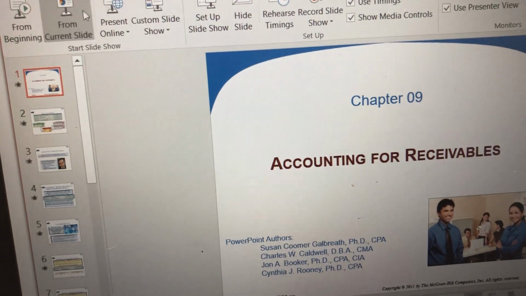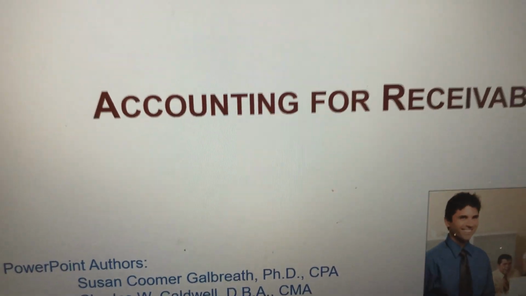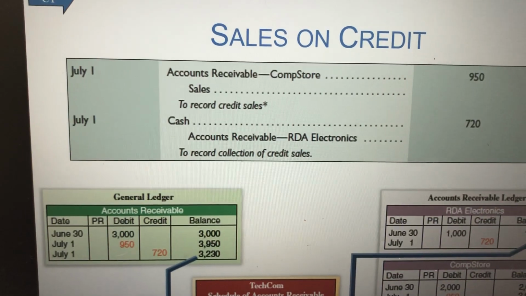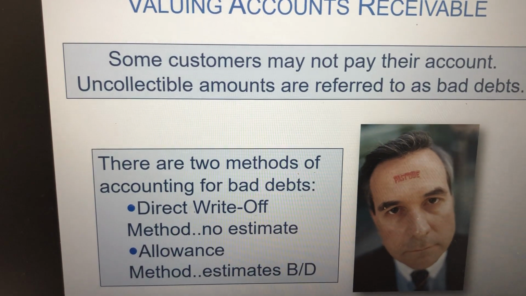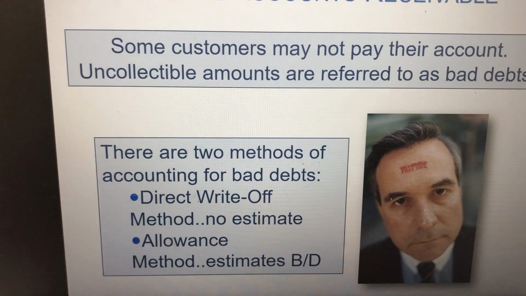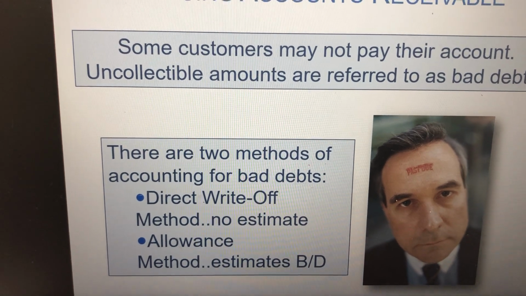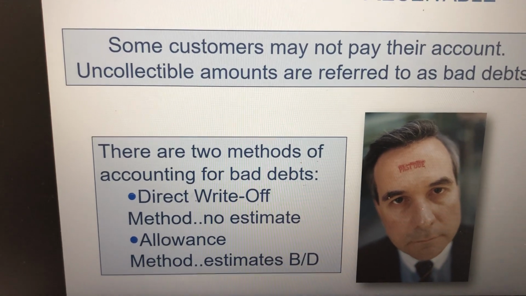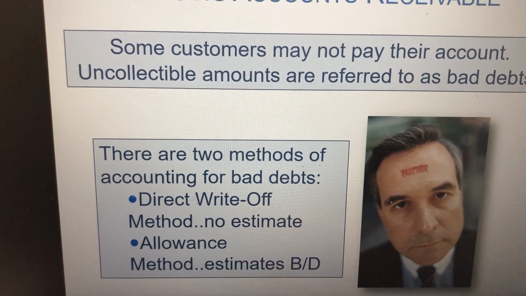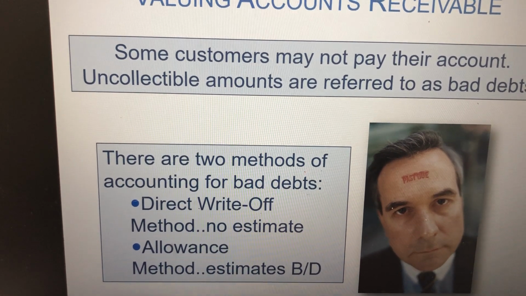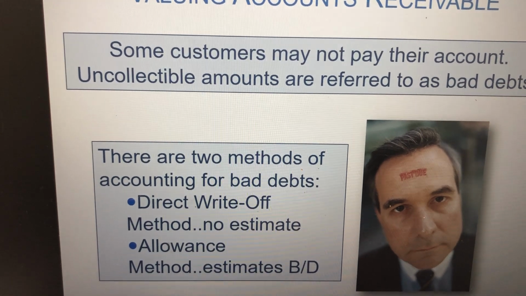There's one example in the PowerPoints talking about CompuSave. There's two methods to write off accounts receivable, which would also be referred to as bad debts, people who don't pay. One is called the direct write-off method. It doesn't involve making an estimate. Somebody doesn't pay, you just write them off.